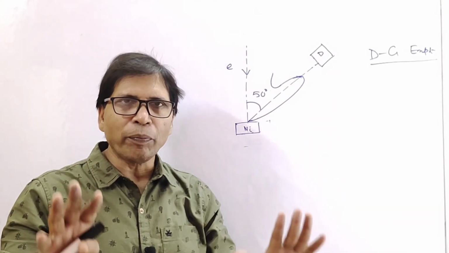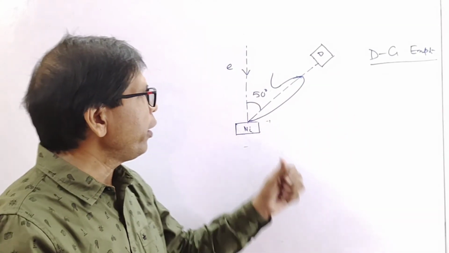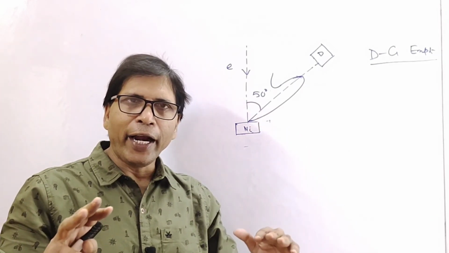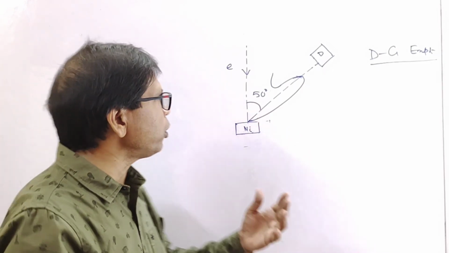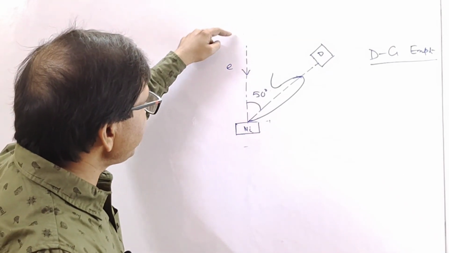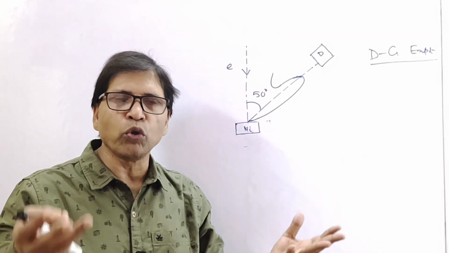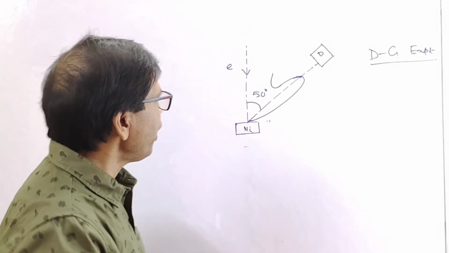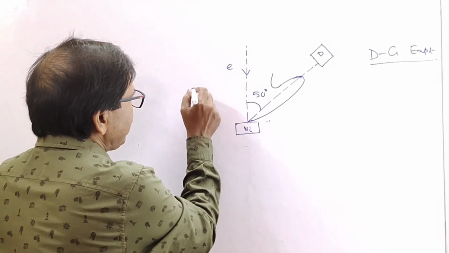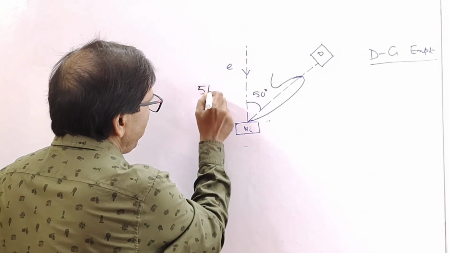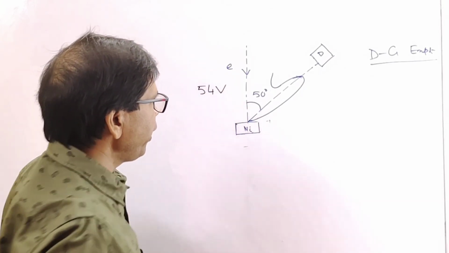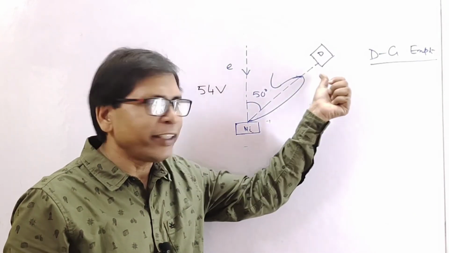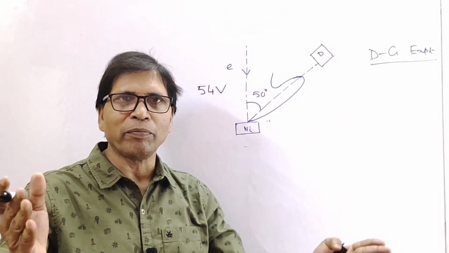The intensity of scattered electrons varies with the angle of scattering, and intensity also depends on the accelerating potential of the source from where electrons are coming. If the electrons are accelerated with a potential difference of 54 volt, at a scattering angle of 50 degree the intensity becomes maximum.